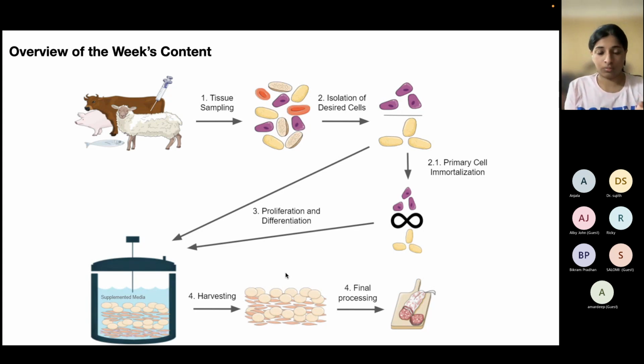This much fat to this much muscle, this much of other cells that they would probably require, and it will give you a product which is a cultured meat, which is a lab made meat, which has similar texture, taste, and cooks similarly to that of the original tissue that is obtained from an animal. So because this does not involve rearing animals, this is a greener alternative to meat.